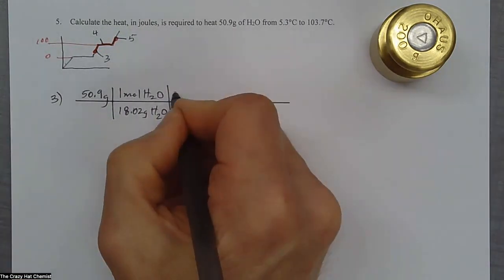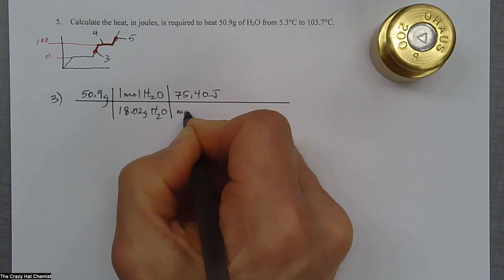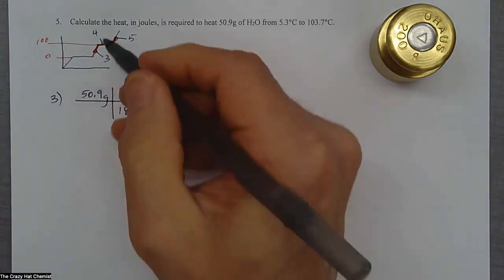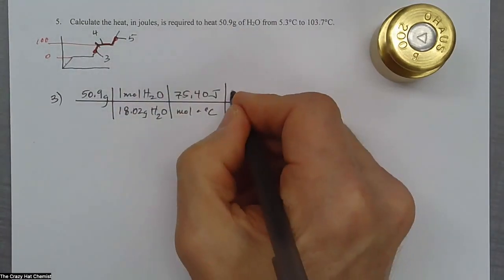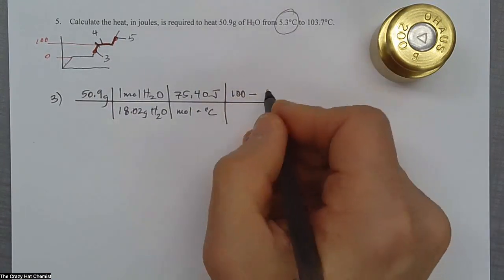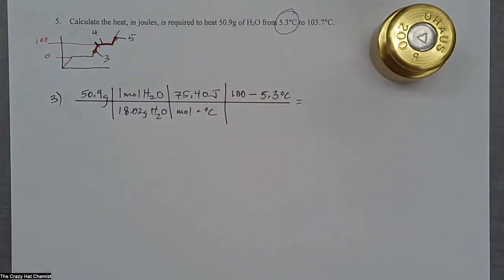And then we're going to use that 75.40 joules per mole degrees Celsius. And our final temperature here is 100. That's 100 minus our initial temperature right here, which is 5.3 degrees Celsius. We're going to get some number for that. We'll come back to that in just a bit.